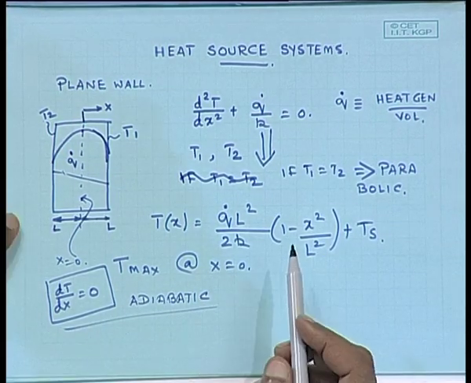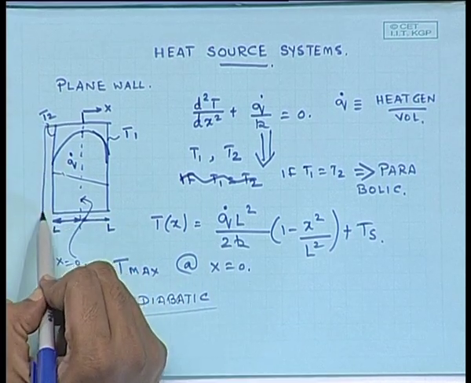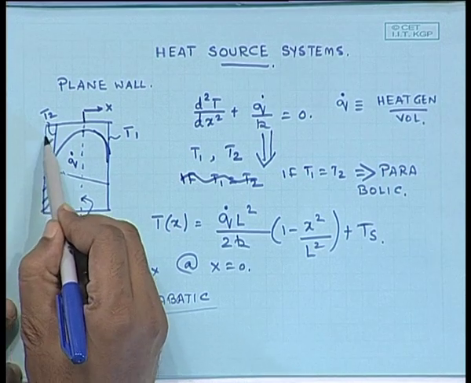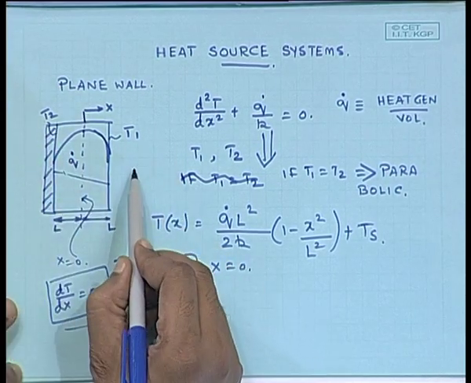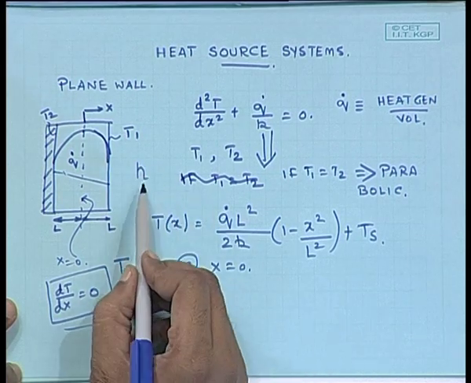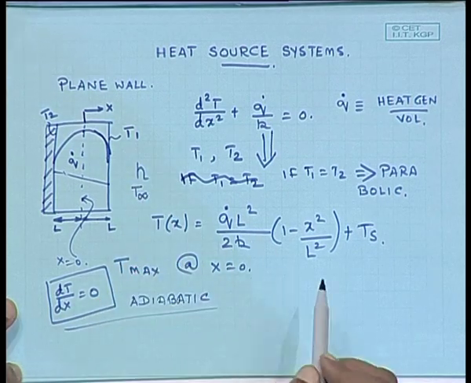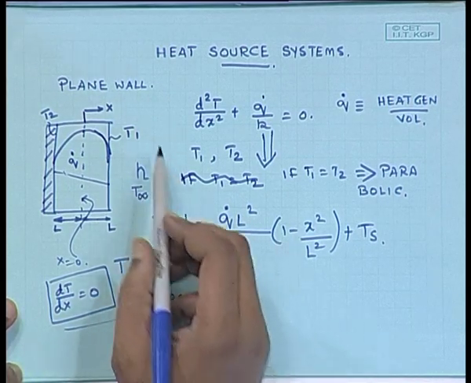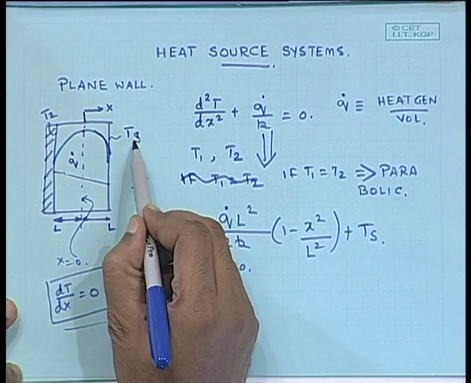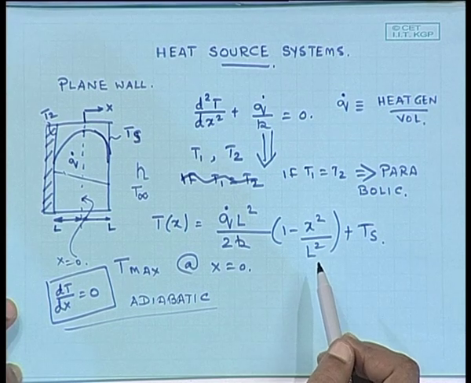And suppose you have a case in which one side of it is perfectly insulated, the other side is exposed to a convection environment with h being the convective heat transfer coefficient and let us say T infinity being the temperature of the medium at a point far from the wall, and let us say this is Ts. What kind of extra boundary condition would you have?